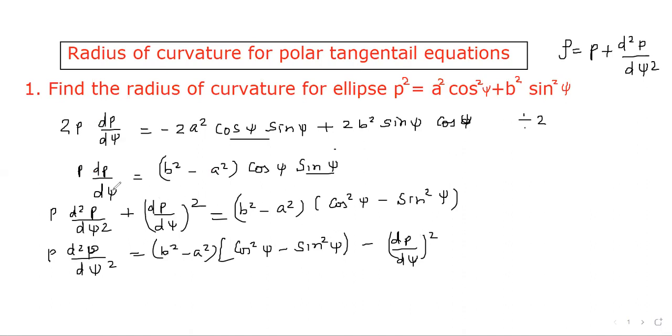So dp/dψ from here will give (b² − a²) cosψ sinψ divided by p. So we can put this value here.